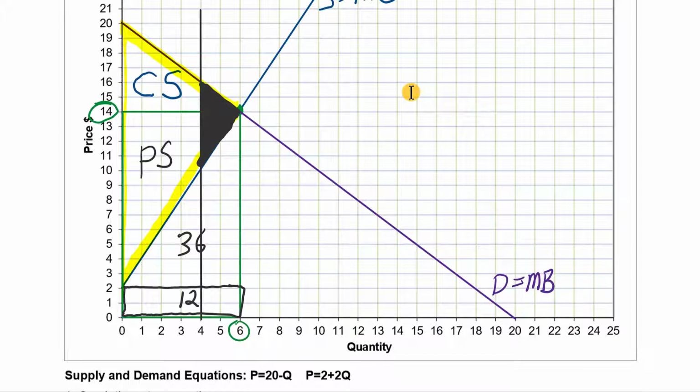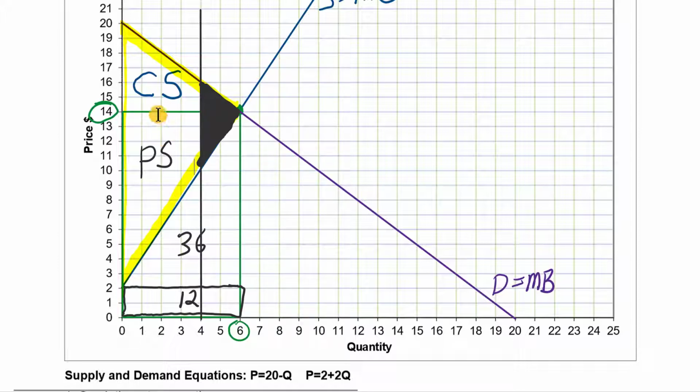Remember, consumer surplus is the difference between the most they were willing to pay and what they had to pay to get, well, however many units they're getting. Here the consumer is only getting 4 units. They're not able to buy the 5th or the 6th or the 5,000th or 6,000th. And so you can't get this extra benefit, extra enjoyment that you were willing to pay for but didn't have to pay for, if you're not able to get those goods.